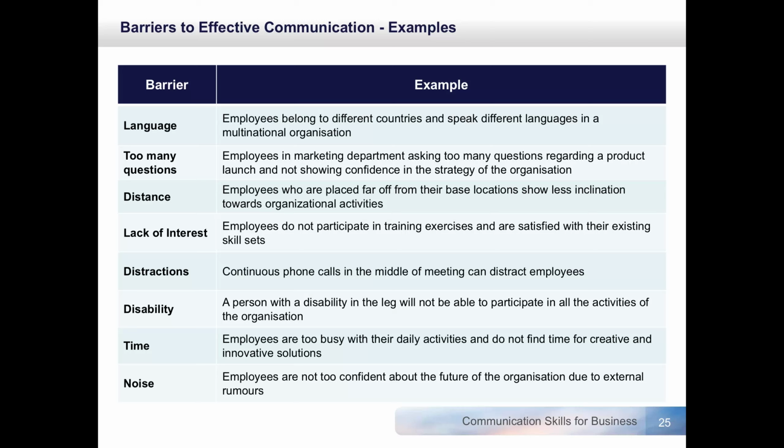But if that is not available, and somebody browsing the website does not understand English, then the language itself can become a barrier for promoting your products and services in a particular country.